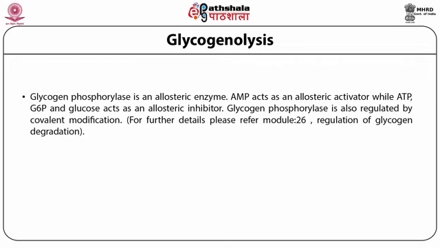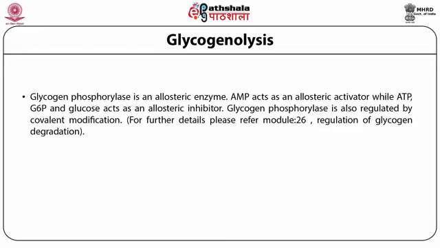Glycogen phosphorylase is an allosteric enzyme. AMP acts as an allosteric activator, while ATP, glucose 6-phosphate, and glucose act as allosteric inhibitors. Glycogen phosphorylase is also regulated by covalent modification.